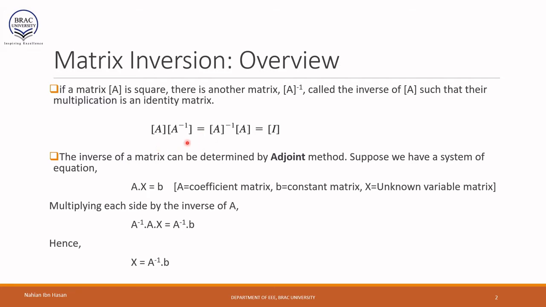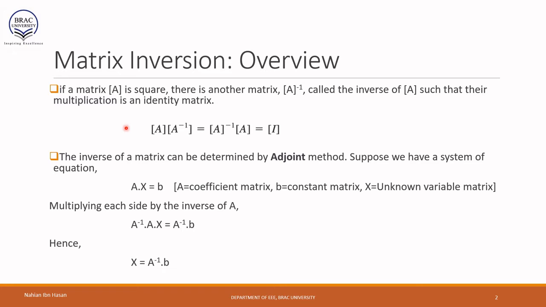Whether it is A inverse times A or A times A inverse, it is the same, and the result would be an identity matrix I. That's the definition of the inverse matrix: if we multiply a matrix with its inverse, we get an identity matrix.